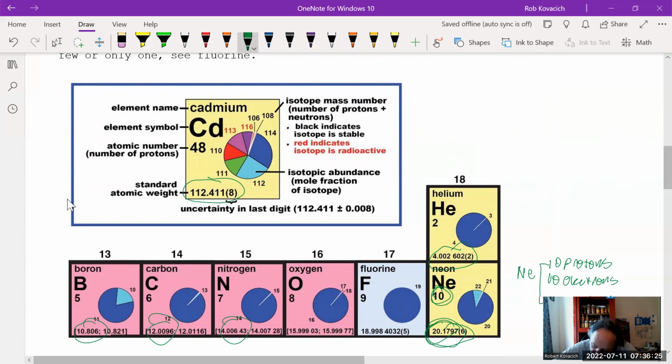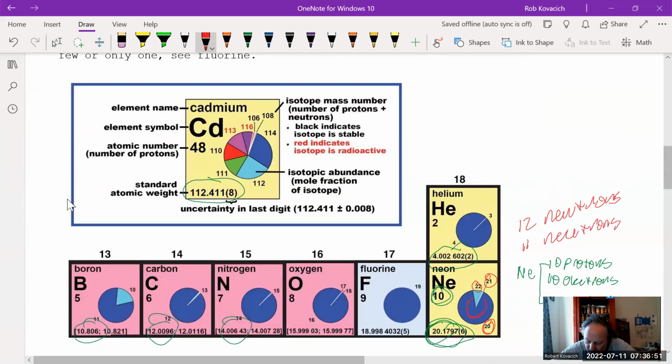This little pie chart is showing you that almost all of the isotopes of neon, all of this portion of the pie chart, have a mass of 20, which means 10 neutrons. There's a few of them that have a mass of 22, which means that has 12 neutrons. And there's another version of it that has 11 neutrons.